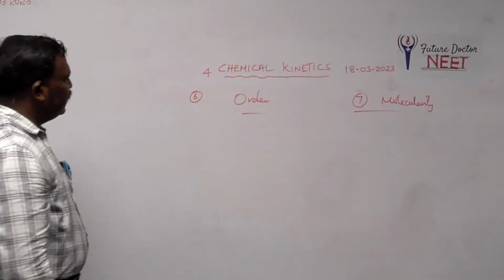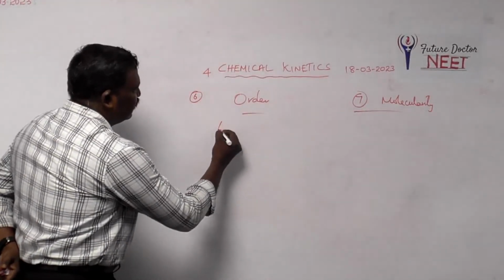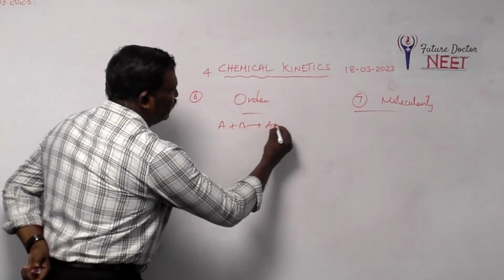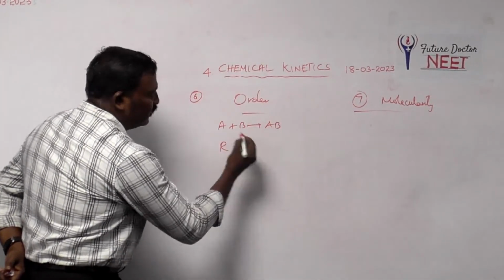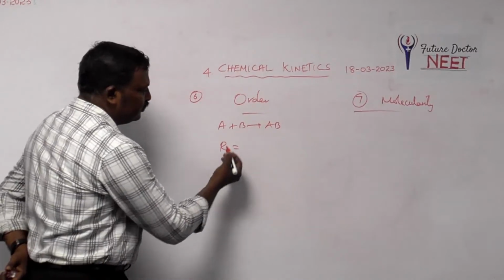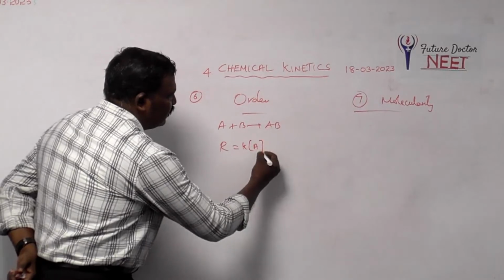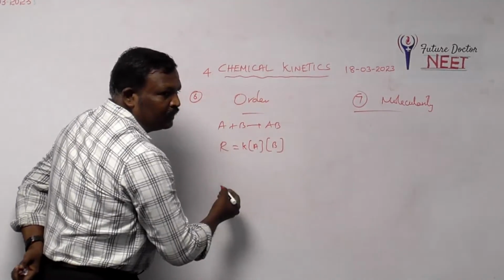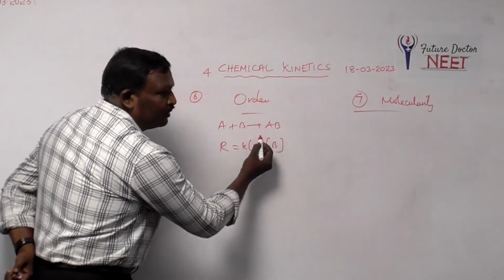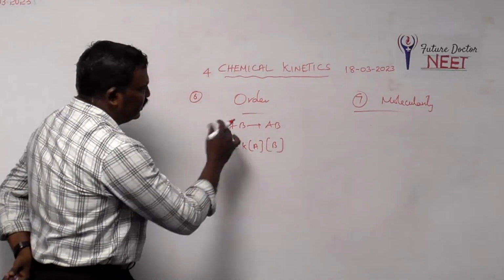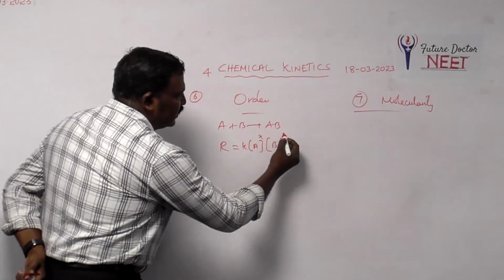Order means here simply I am saying that, A plus B gives AB. Rate law: R is equal to K into concentration of A, concentration of B. Here we have some powers will be there. The powers we don't know. But X, I put Y here.